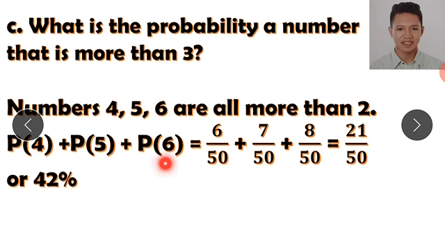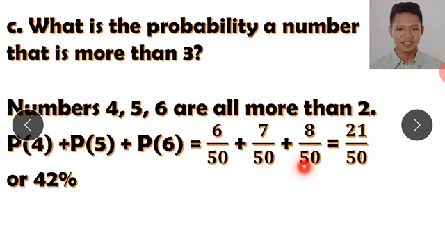Since for 4 we have 6 times, you can see it in your book on page 412. For 4, the probability is 6 times over 50. For the probability of 5, 7 over 50, because the 5 shows 7 times, and 8 over 50 since the 6 shows 8 times.